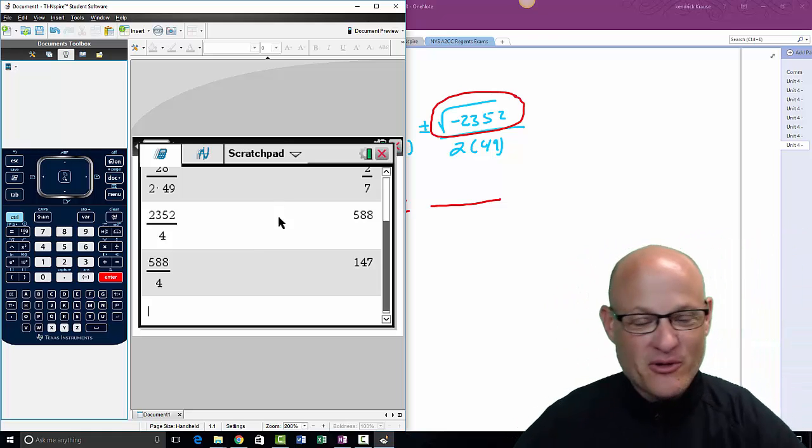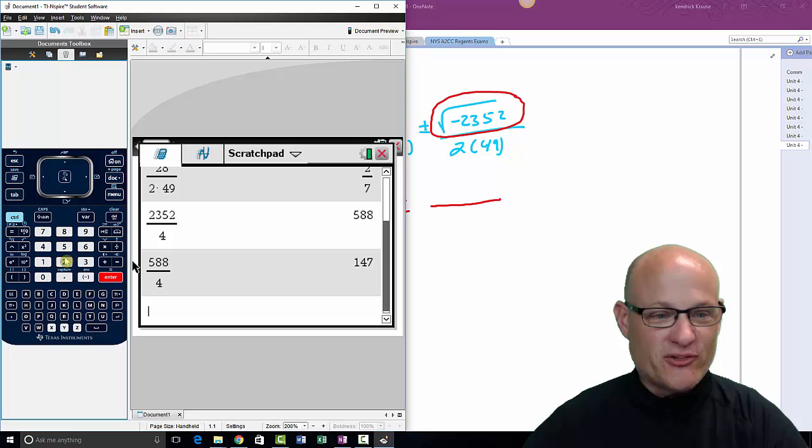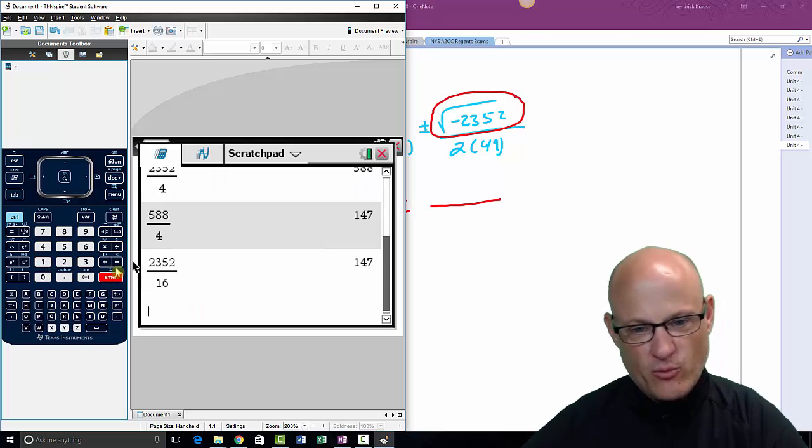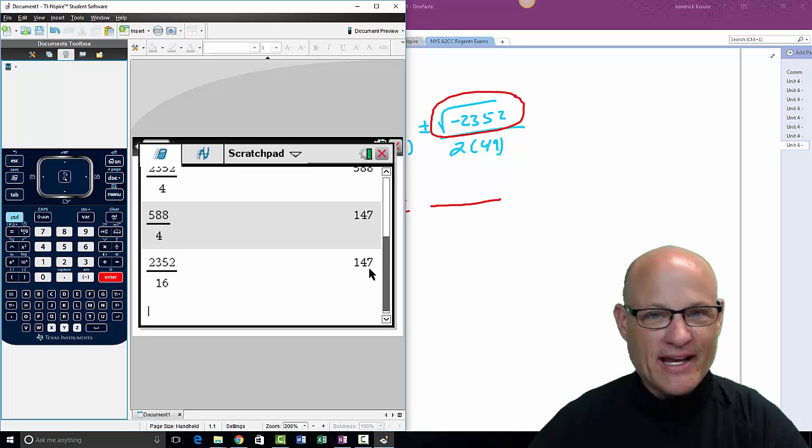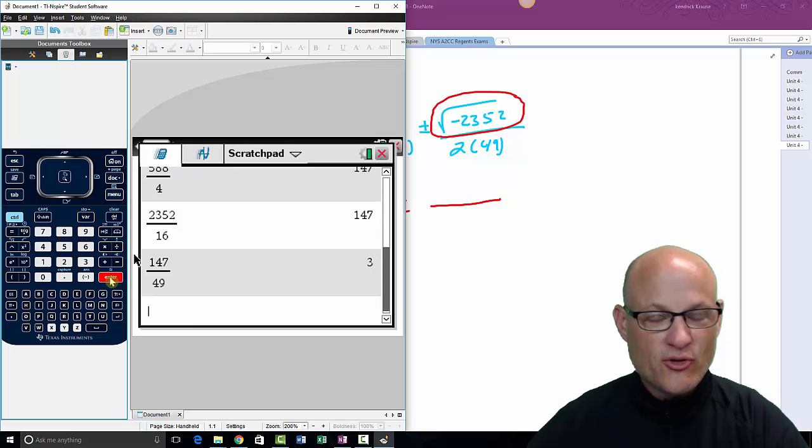Believe it or not, there's a perfect square in there. So far I could use 16. So let me go back. 2,352 divided by 16. I know at least 16 goes in because 4 went in twice. Now 147 is divisible by, I believe, 49. So 16 and 49 both go in.